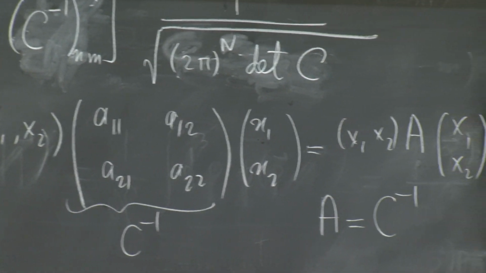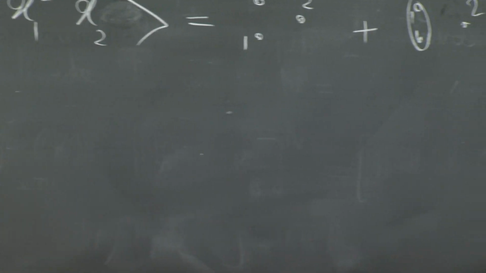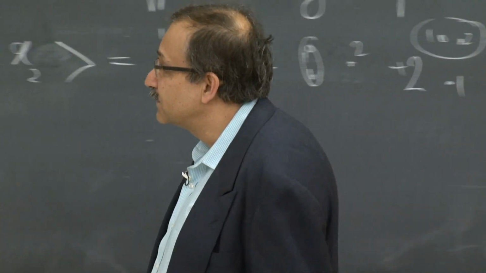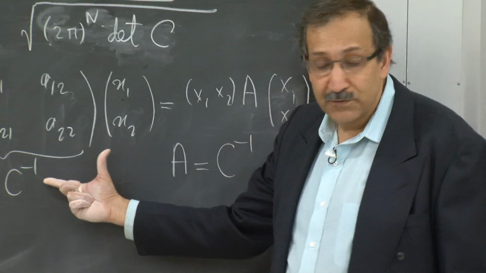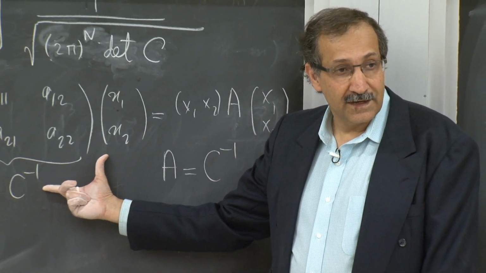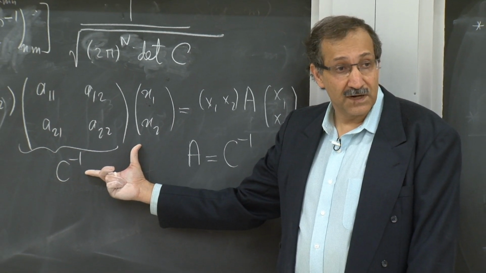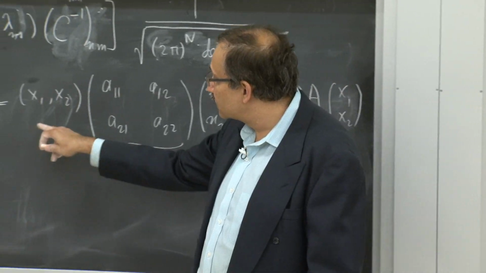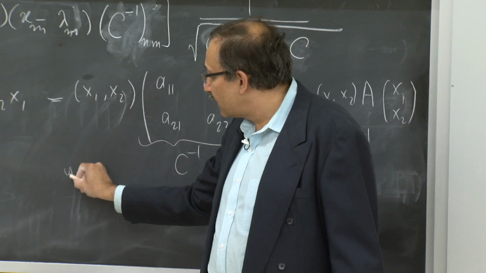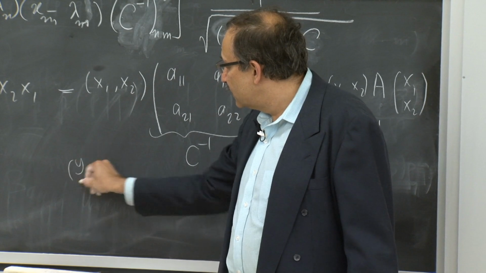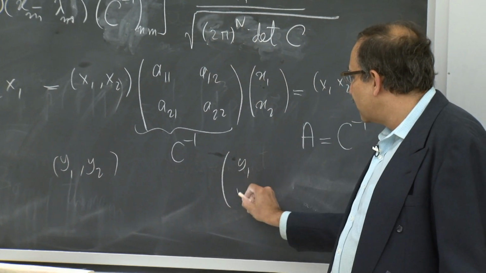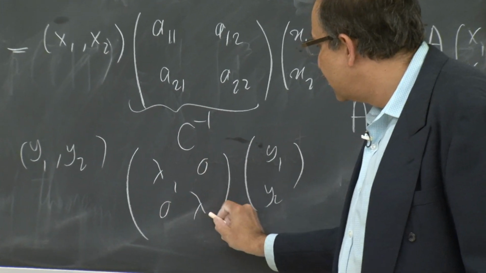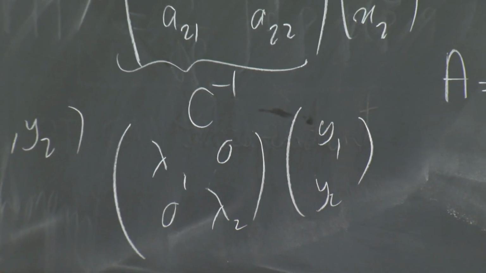Yes? How did you know the determinant of C belongs there? Okay. Let's say I give you this form, and I don't know what the normalization is. I can do a change of variables from x1, x2 to y1, y2, such that the matrix becomes diagonal. So I can rotate the matrix.